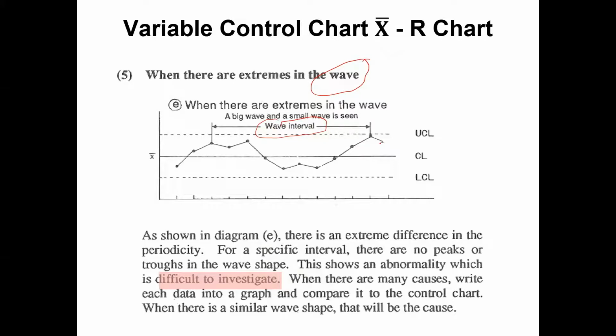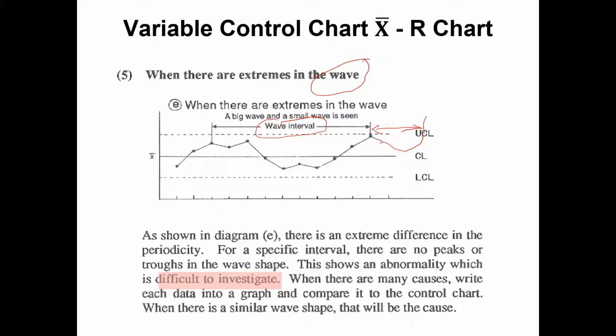Number 2, the interval between waves might not be the same, inconsistent in terms of interval between the peaks. If this is the scenario, as suggested by Shewhart, this is another indication that abnormality occurs in the process.